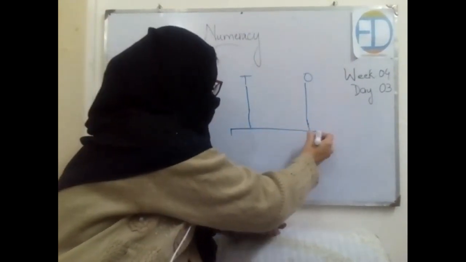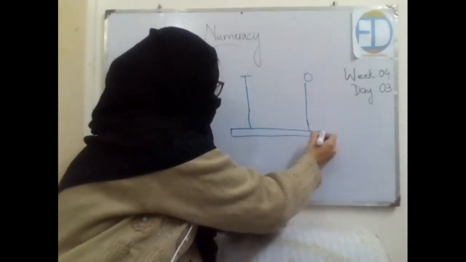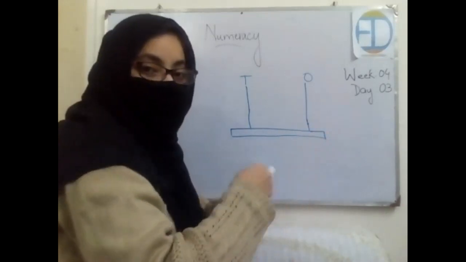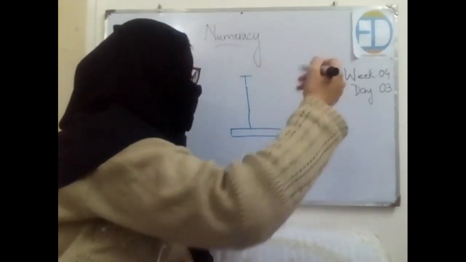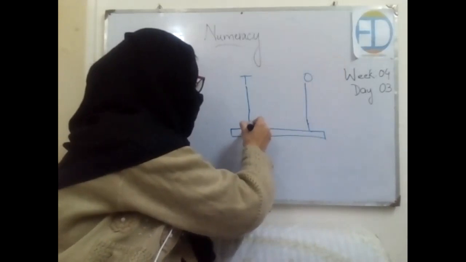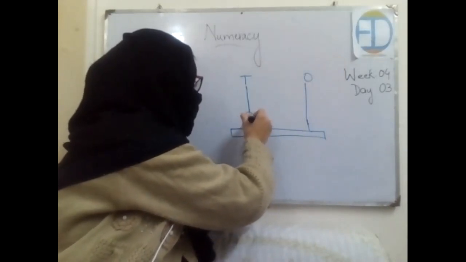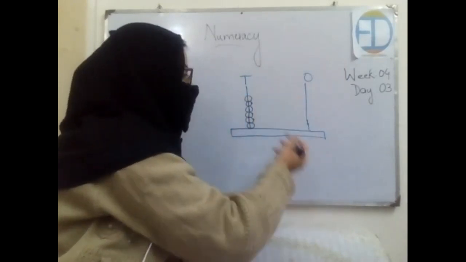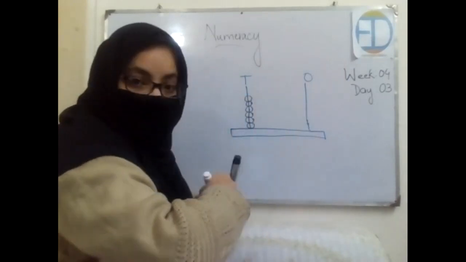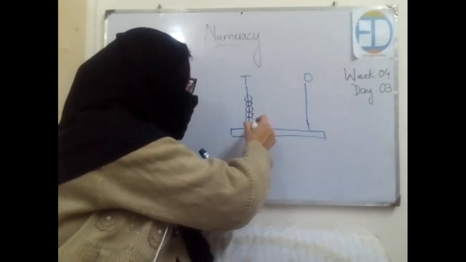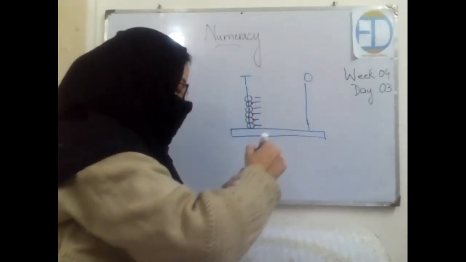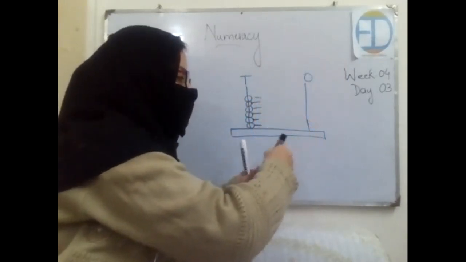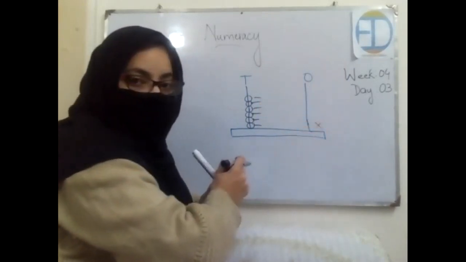Now look at the board. For the next number, you have 1, 2, 3, 4, 5, and 6. You have only 6 beads on the tens column, right? And there are no beads over here.